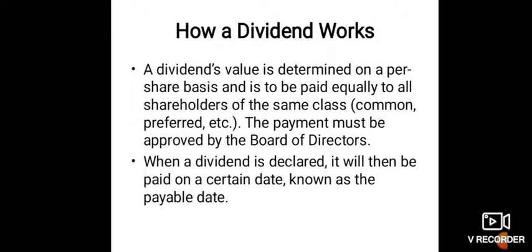The payment must be approved by the board of directors. That is, how much of the dividend we need to distribute to the shareholders, whether equity or preference, needs to be approved by the board of directors. Once the board of directors gives approval, only then will the dividend be distributed to the shareholders.